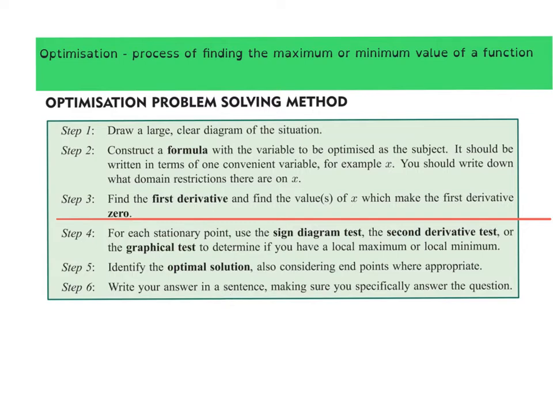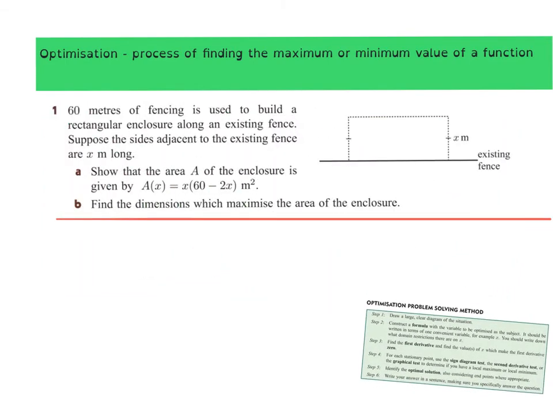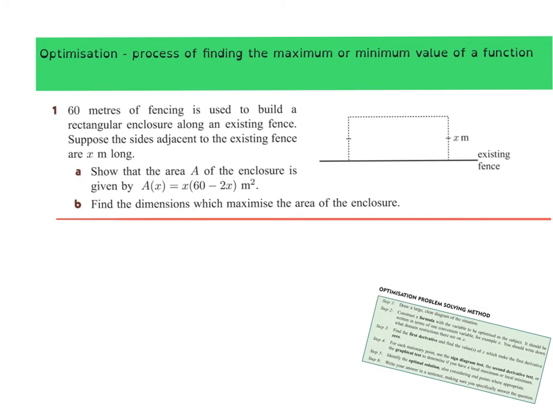Now let's have a look at the question. I'm going to minimize this here in the corner, and if we need to refer to it, we may just make it bigger. For the first step, let's look at what the question is. We have 60 meters of fencing used to build a rectangular enclosure along an existing fence. Suppose the sides adjacent to the existing fence are x meters long.